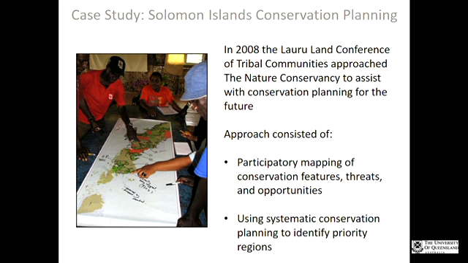The approach consisted of two components. They didn't necessarily have data on all the values, and they wanted to capture local values and how people valued the landscape. So there was a two-step approach: first, participatory mapping of conservation values and the threats and opportunities for conserving those important areas, and then using a systematic approach to identify which are the most important areas.